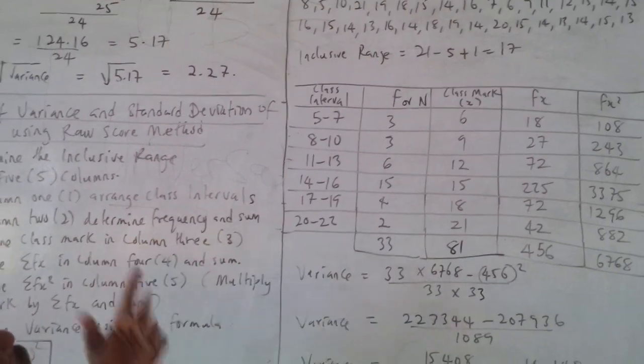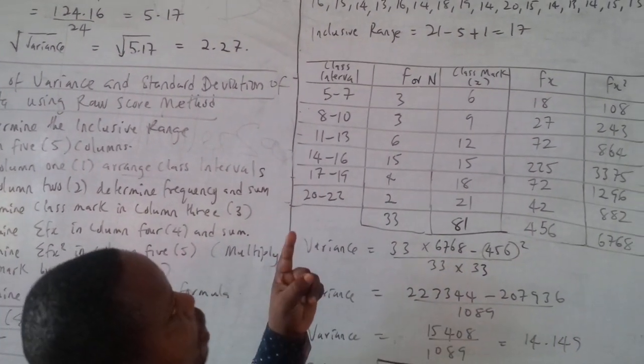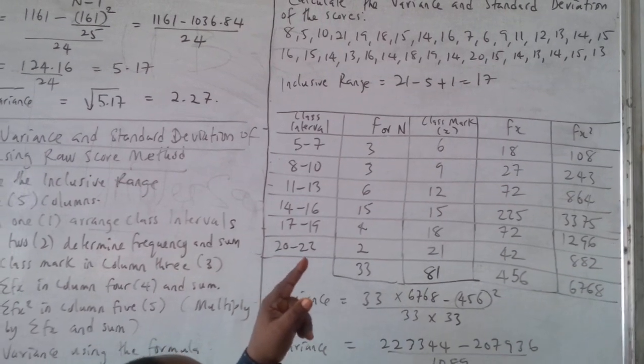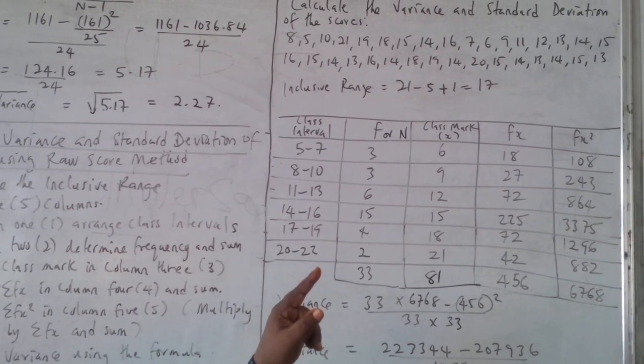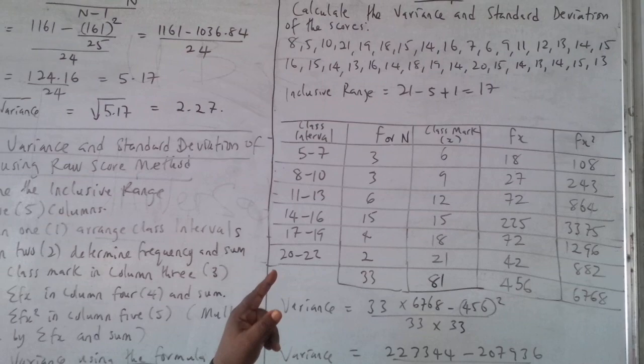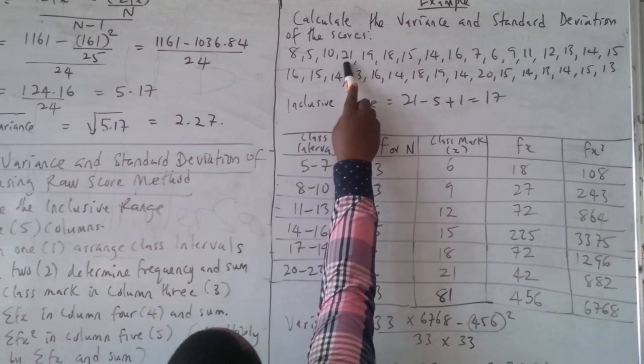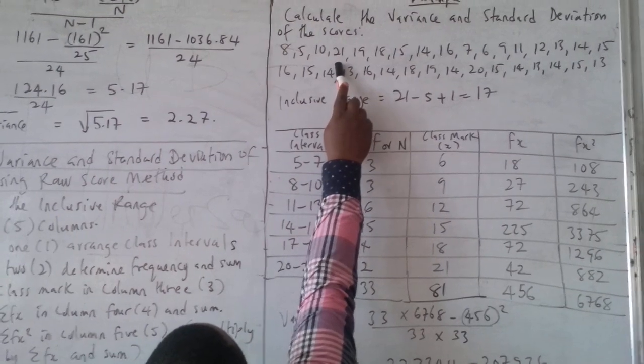Now, if you look at that distribution, the highest score appears to be 21. You can see 21 here is the fourth score in the distribution.